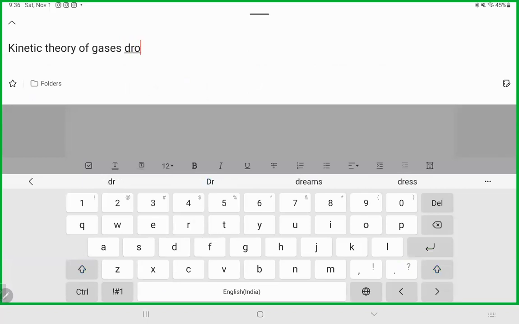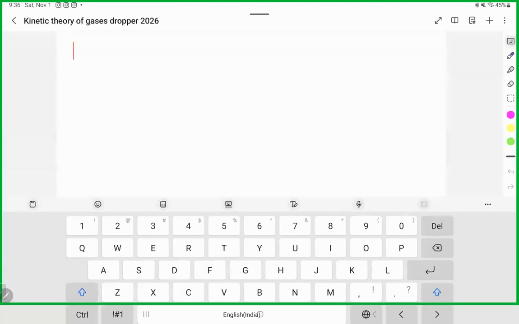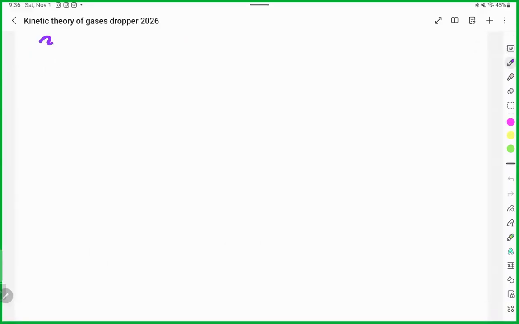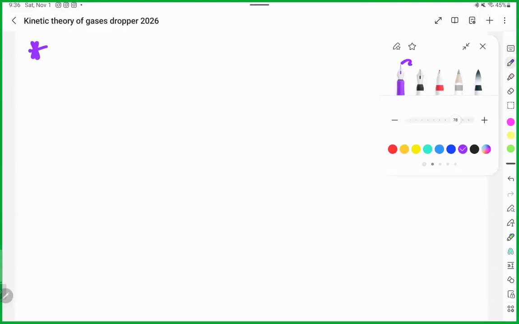We go for 2020. Yeah. So, kinetic theory of gases.